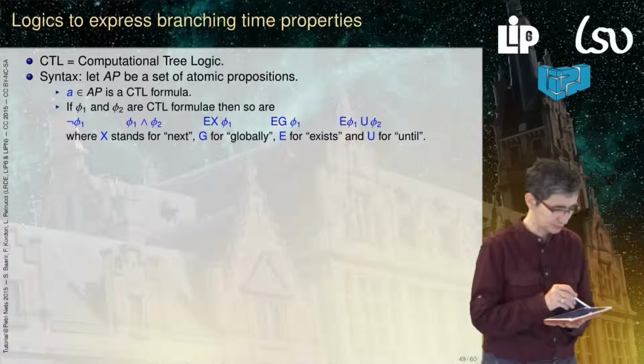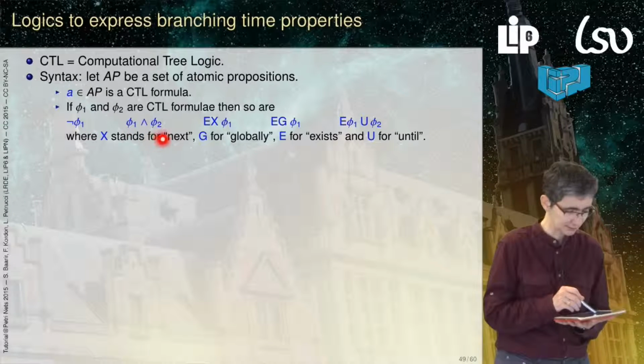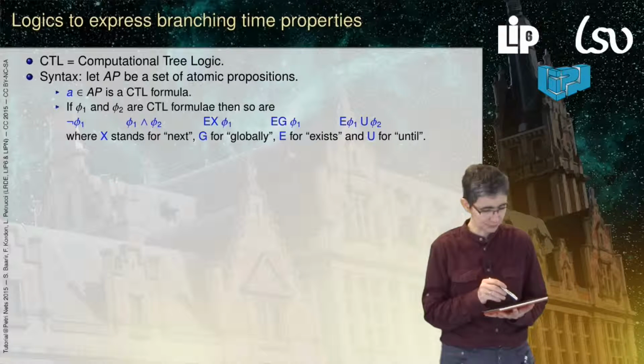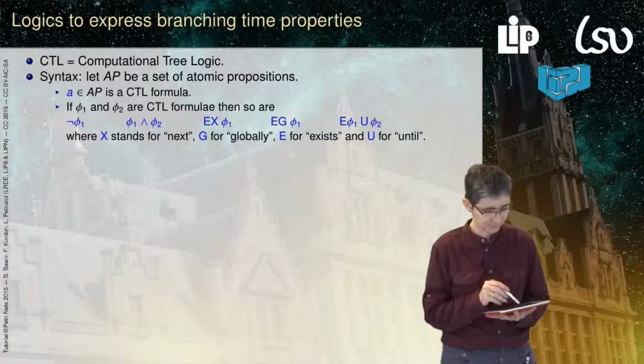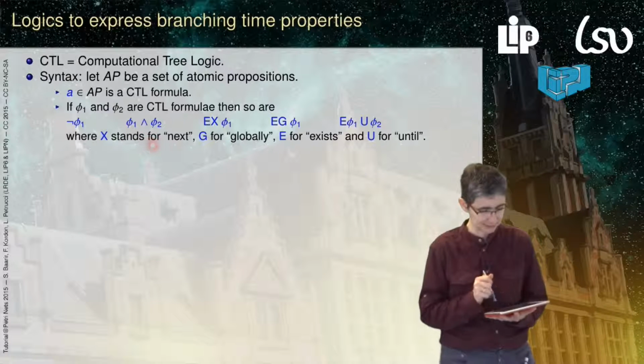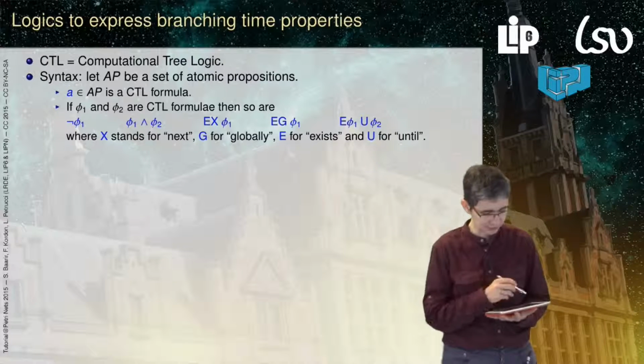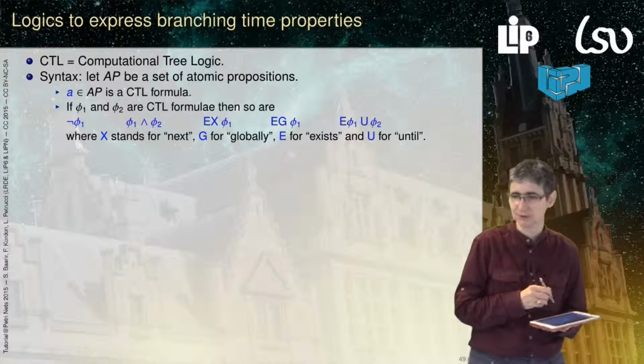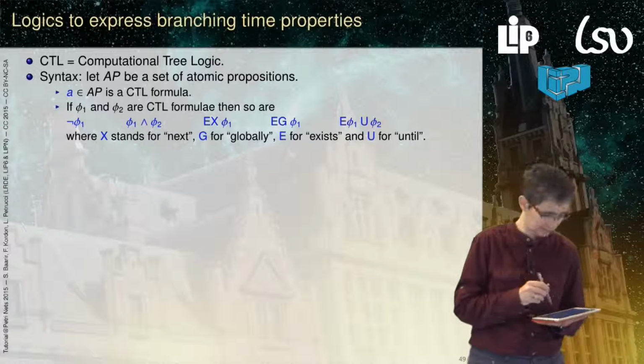You also have the negation, the and of formulas. And you also have the X operator for next, the G operator for globally, E for exists, which is a new one, and you still have U for until.